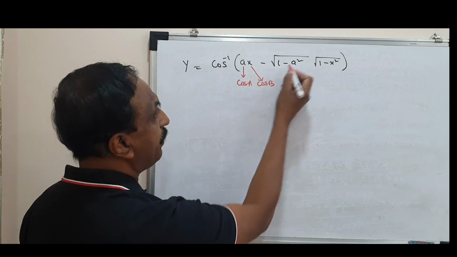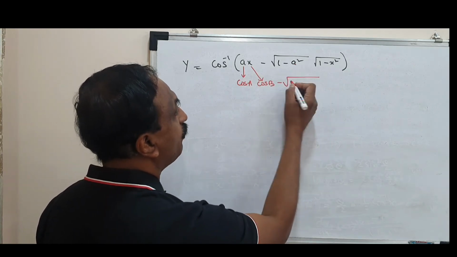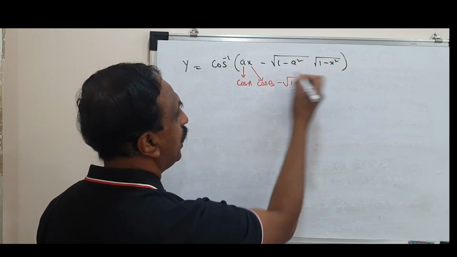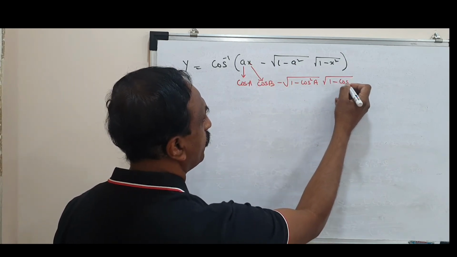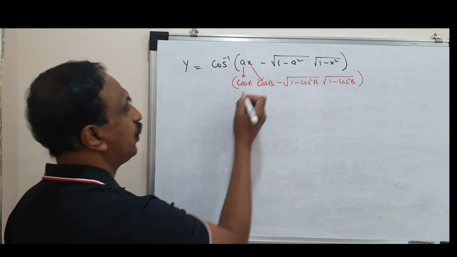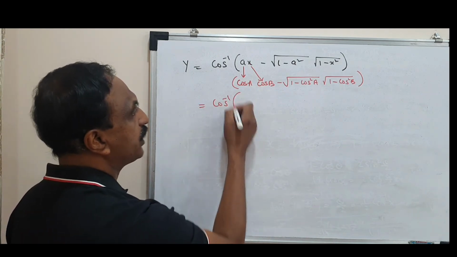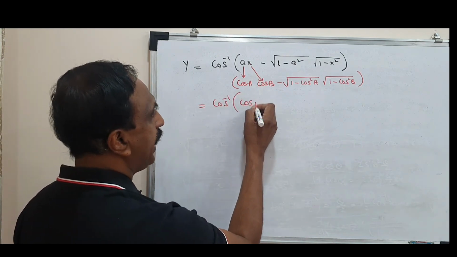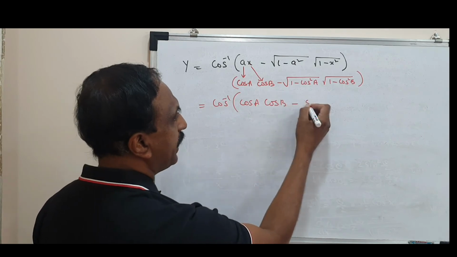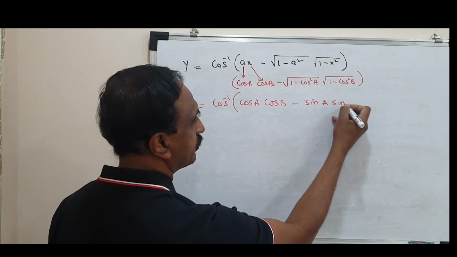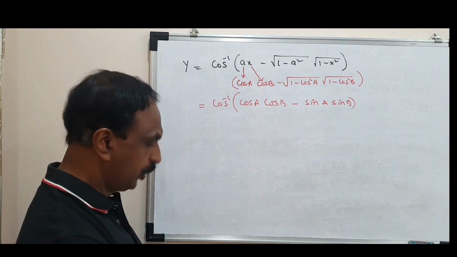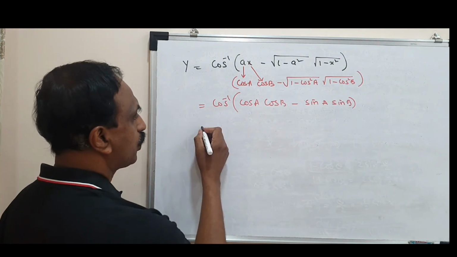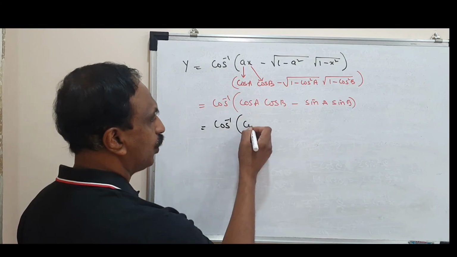If you replace x by cos A here, this will become root of 1 minus cos square A. And the other is cos B, so root of 1 minus cos square B. So what you get here is cos inverse of cos A cos B minus sin A sin B. So you are going to come to the formula of cos. So you will be able to write this as cos inverse of cos of A plus B.